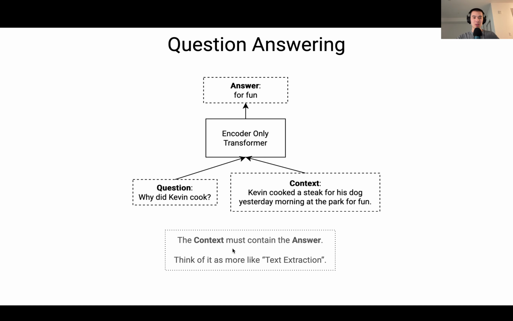The context must contain the answer. So the answer "for fun" is in our context. Another way you can think of this is more like text extraction. This question is a really fancy way of saying: extract the text that's relevant, and the relevant text is "for fun."